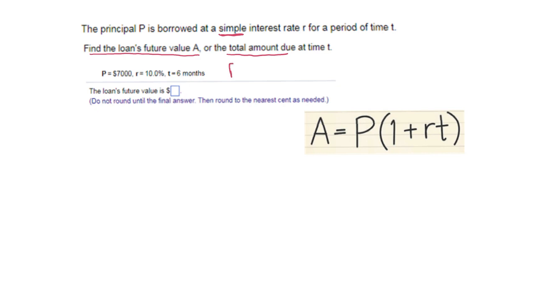Let me write that a little bigger here. The amount that's borrowed is $7,000. And R is 10%. And they wrote it like this. And T is 6 months.